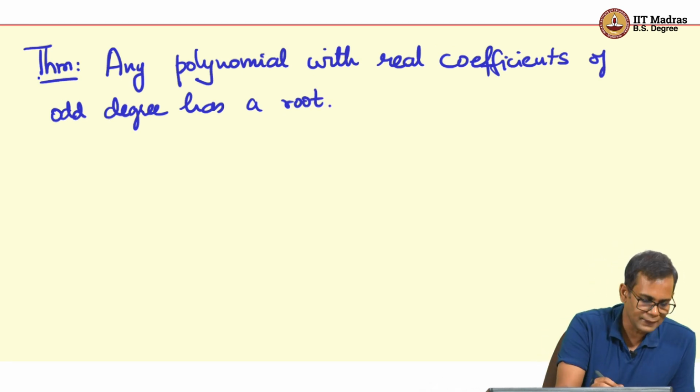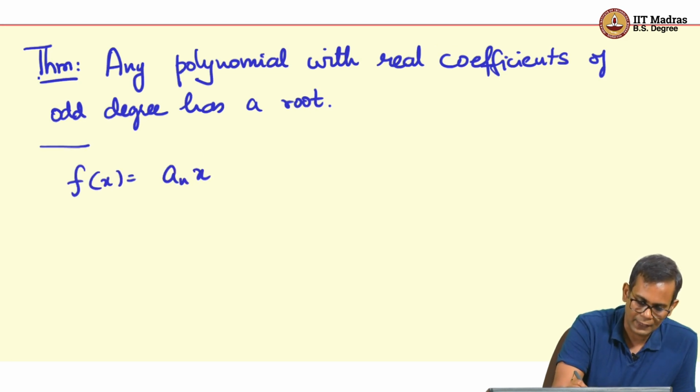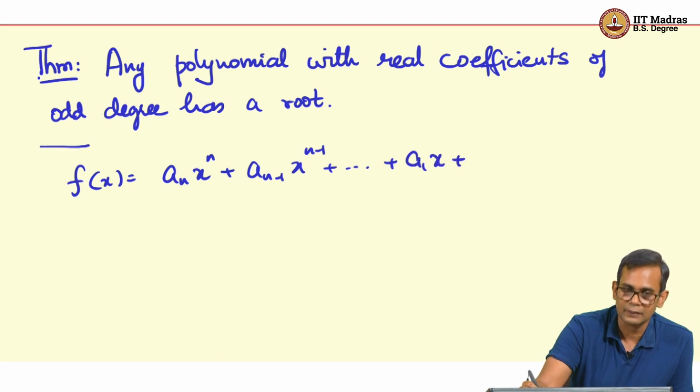So, what I am saying is that if you have a polynomial f of x which is of the form a_n x^n plus a_{n-1} x^{n-1} plus ... plus a_1 x plus a_0, and we will assume that has degree n.